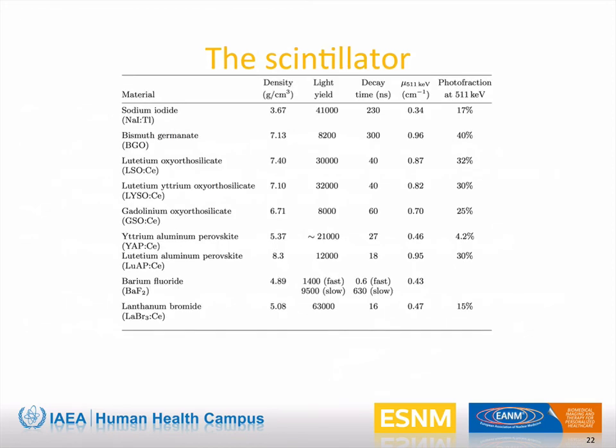Important considerations when choosing the most appropriate scintillator for PET are the compromise among different features: detection efficiency, expressed by the linear attenuation coefficient at 511 keV and related to the crystal density and effective atomic number of the material; conversion efficiency, expressed by the light yield; and the time over which the light is emitted.